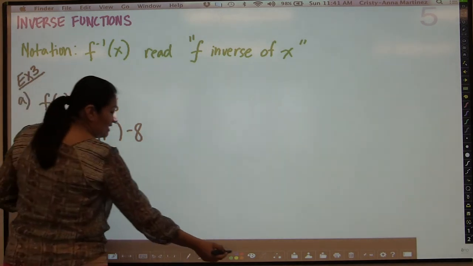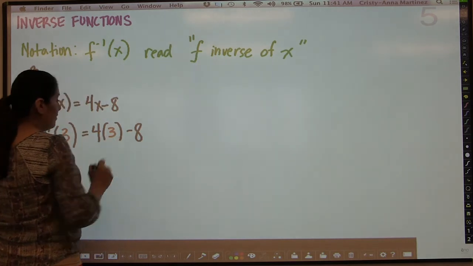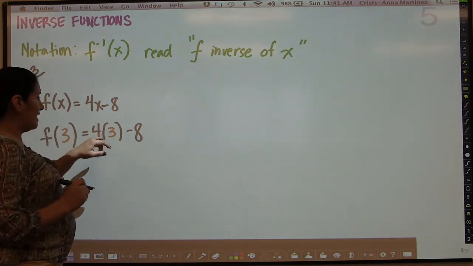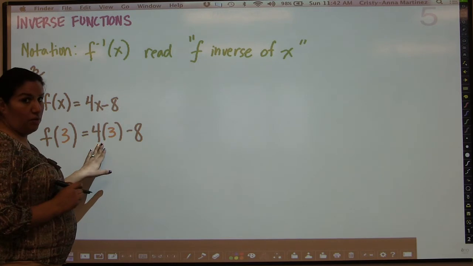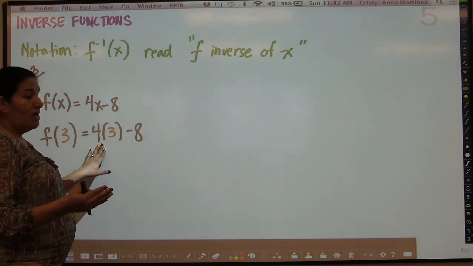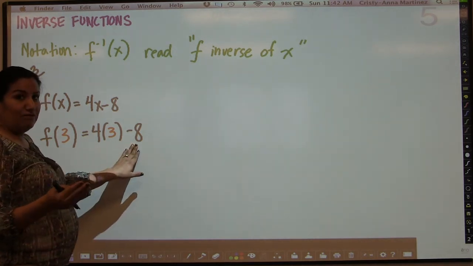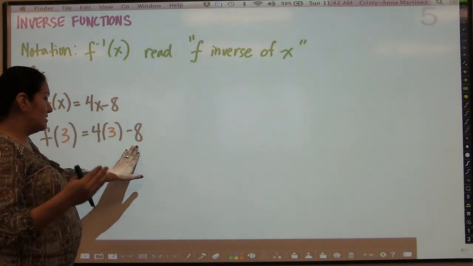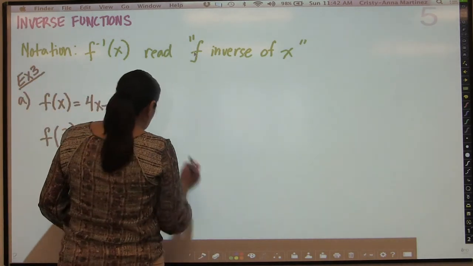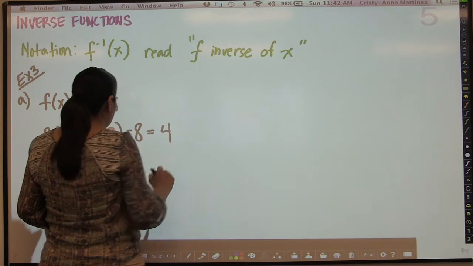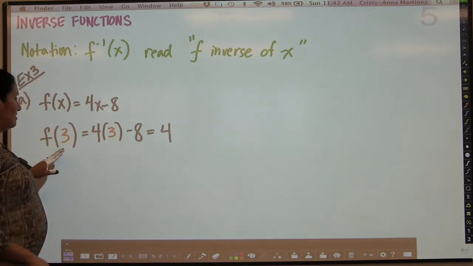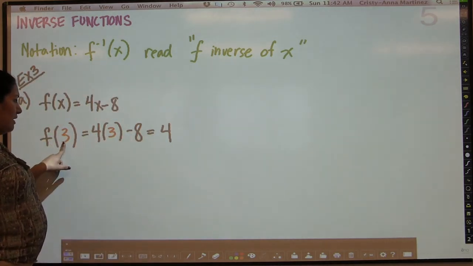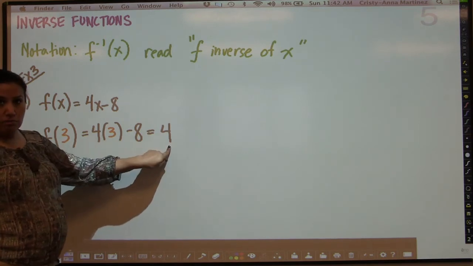So what happens is, the 3 goes in, and the machine tells me to multiply that 3 by a 4, which now gives me a 12, and then it tells me to subtract 8 from that. So 12 minus 8 is now 4. So what happened is that in this case, the machine took my 3 and turned it into a 4.